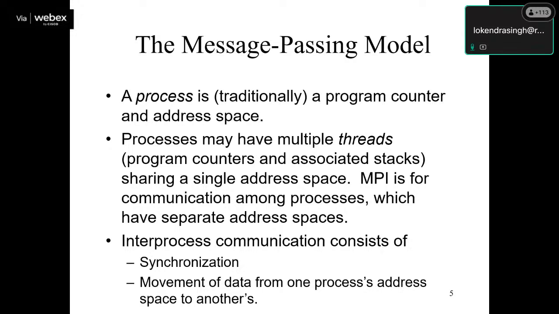After decomposing the problems into multiple parts, synchronization is the main thing. How can you synchronize all the programs in a single way? Movement of data from one process's address space to another is the main thing, because we decompose large problems into multiple parts, solve them, then combine the results into a single one.